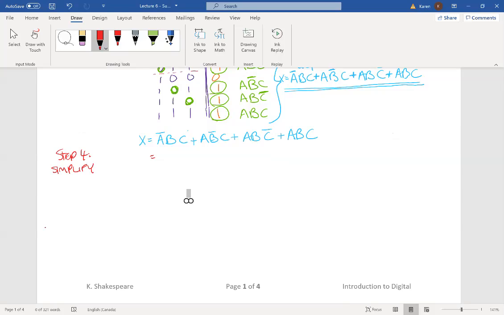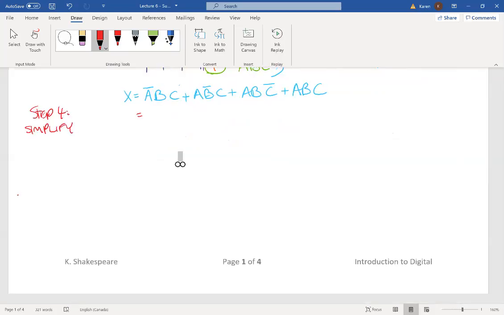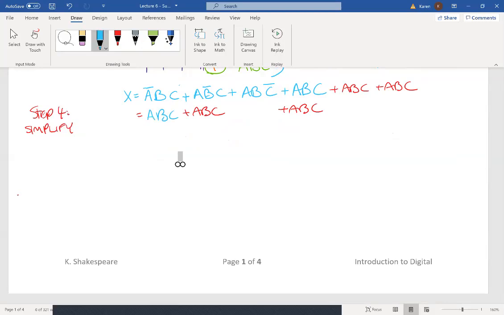I'm going to use that trick that I've used before where I recognize that I can use a theorem where I can add another ABC plus ABC, and then I'm going to regroup those. I can add as many ABCs as you want.